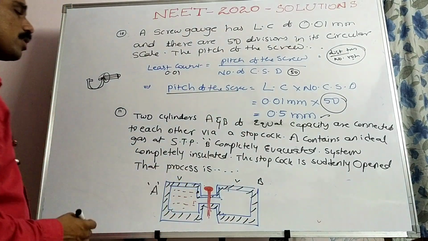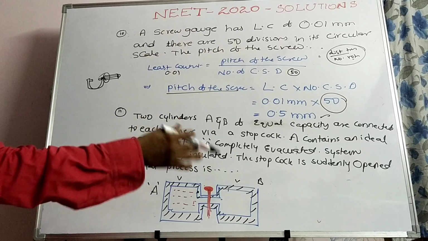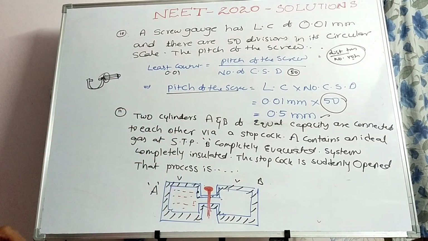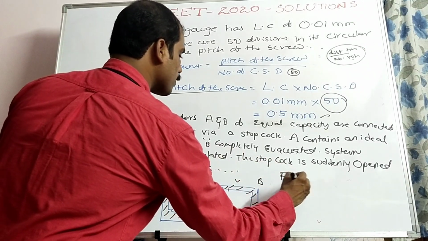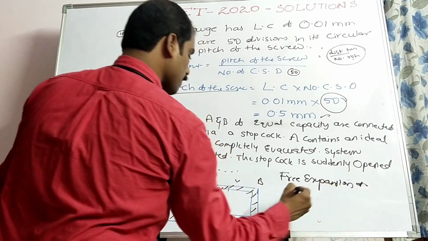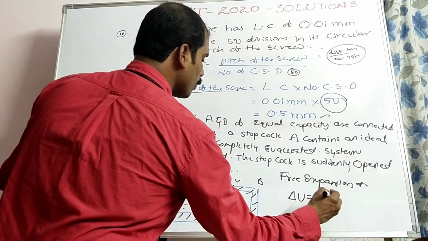Whenever the stopcock is opened, the gas will expand and occupy the space of vessel B also. This process is called free expansion of gas. In free expansion, delta U is equal to 0.